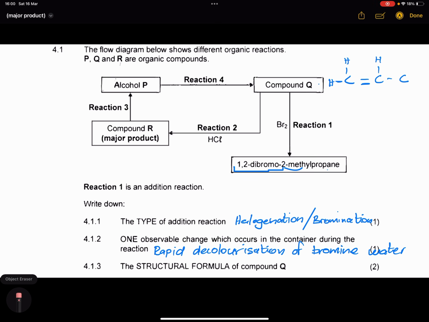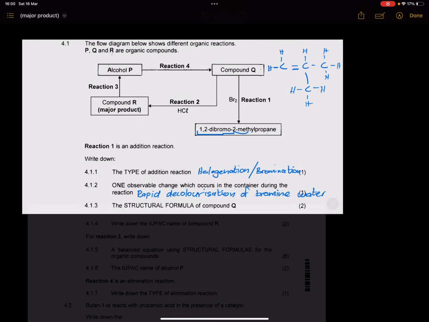So with the double bond there, okay, so this would be, right, there we go. Okay, right, so this would be 2-methyl prop-1-ene, right? I mean, prop-1-ene rather, not propan-1-ol. That is 2-methylprop-1-ene. Okay, so this is what compound Q would look like, okay?